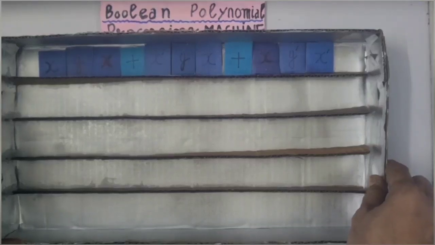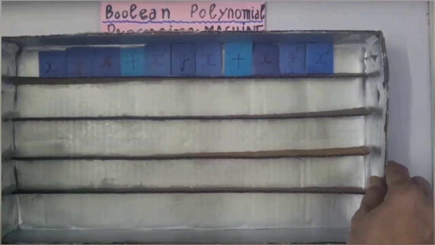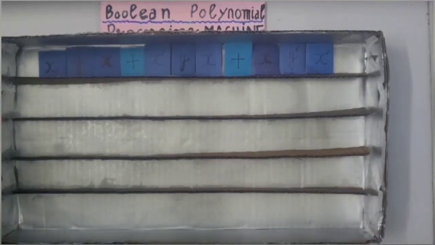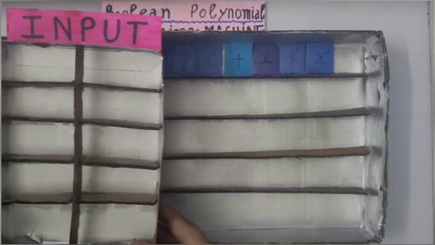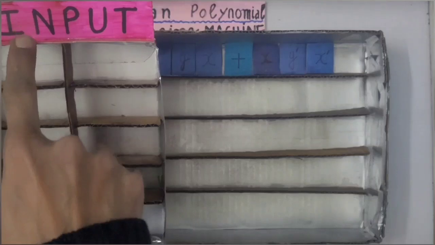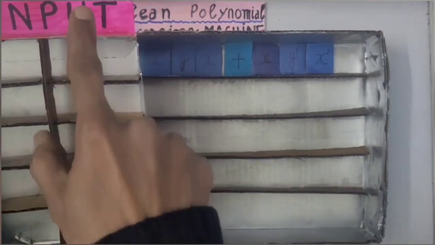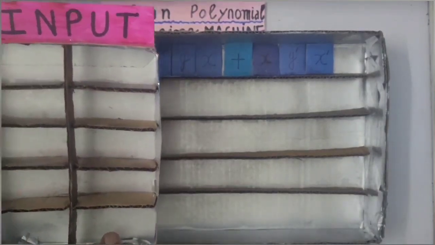So there are two types of inputs that will go, and the input machine that I'm taking is this one. Here this would correspond to the values of x, and this would correspond to the values of y.